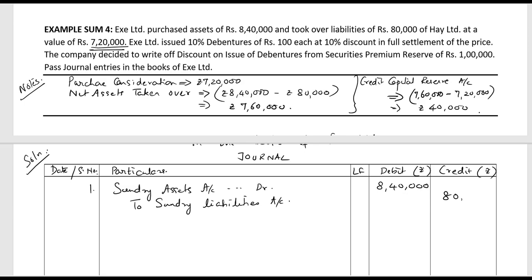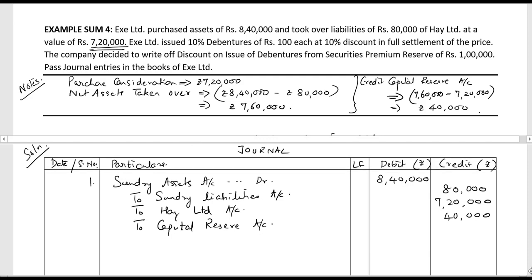The liabilities taken over is 80,000 rupees. To Hay Limited account. The purchase consideration 7,20,000 rupees. And to capital reserve account, 40,000 rupees.